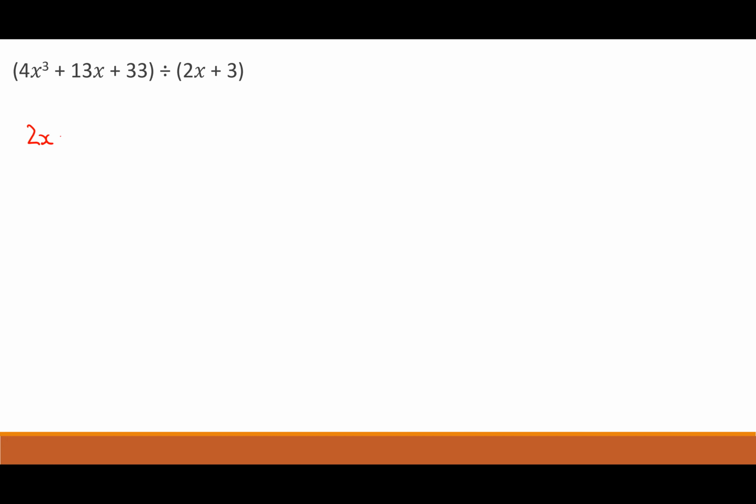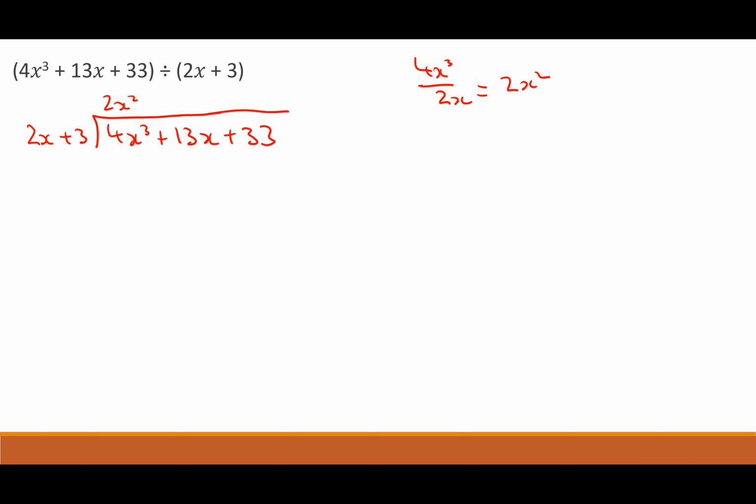We're going to take 2x plus 3 outside, and 4x cubed plus 13x plus 33 inside. Let's go through this. 4x cubed over 2x is going to be 2x squared. So 2x squared times 2x equals 4x cubed, plus 3 times 2x squared is 6x squared. Let's take this away. That's 0.